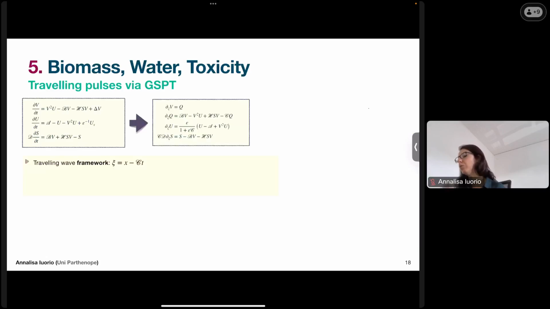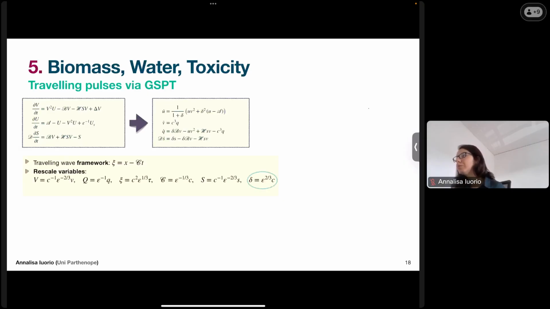So the first thing you do, you include a traveling wave framework. Now you're interested in traveling waves, so you really need to have also the speed in there. That transforms your reaction-diffusion system into a system of 4 first-order ODEs. Then another very delicate passage that you very often need to do, in order to make sure that you capture the type of solutions that you observe numerically, is to rescale the variables.